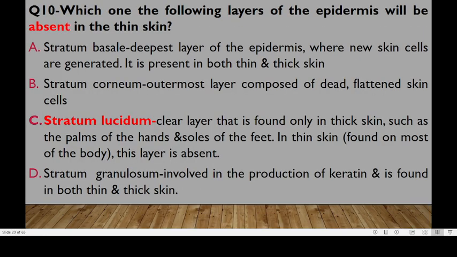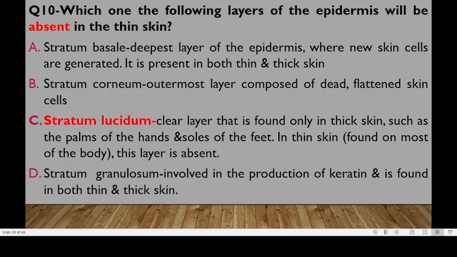Stratum basale, we know, is the deepest layer of the epidermis, and it's where new skin cells are generated. This one will be found present in both thin and thick skin. Stratum corneum is the outermost layer that is normally composed of dead, flattened skin cells. Stratum granulosum is involved in the production of keratin, and it's found in both thin and thick skin.